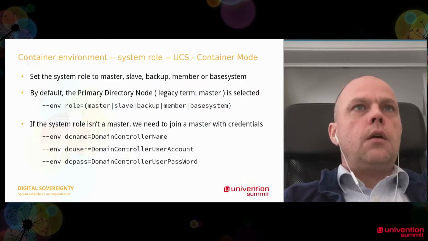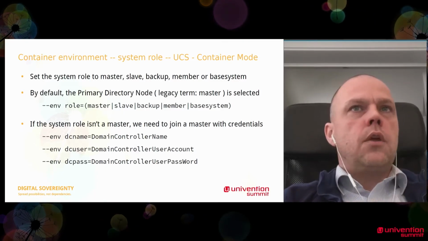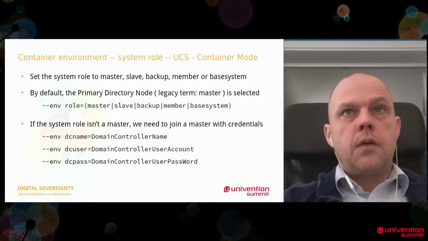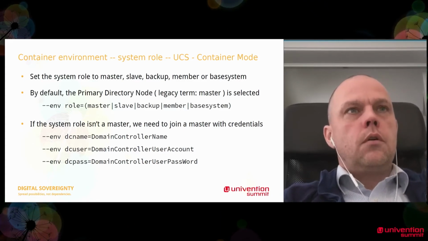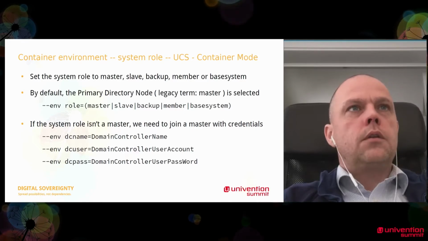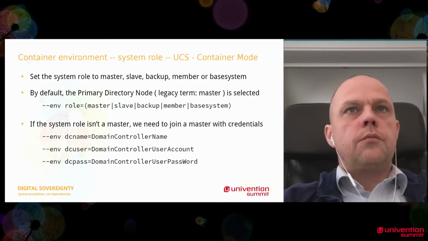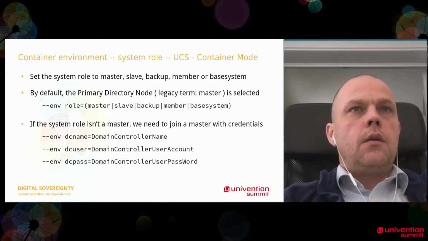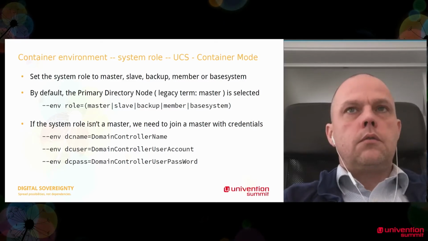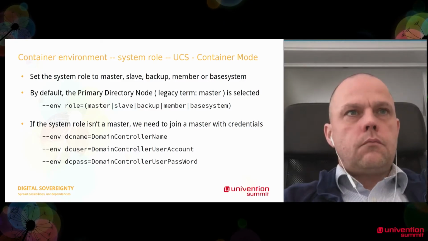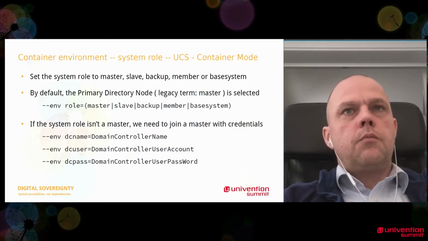So let's continue with the system role. As I said, we can establish different system roles, be it master, slave, backup, member, or base system, not a problem. You have the environment variable role, and then you indicate master, slave, backup, member, or base system. And if we don't do that, we will always have the primary directory node, i.e. master.